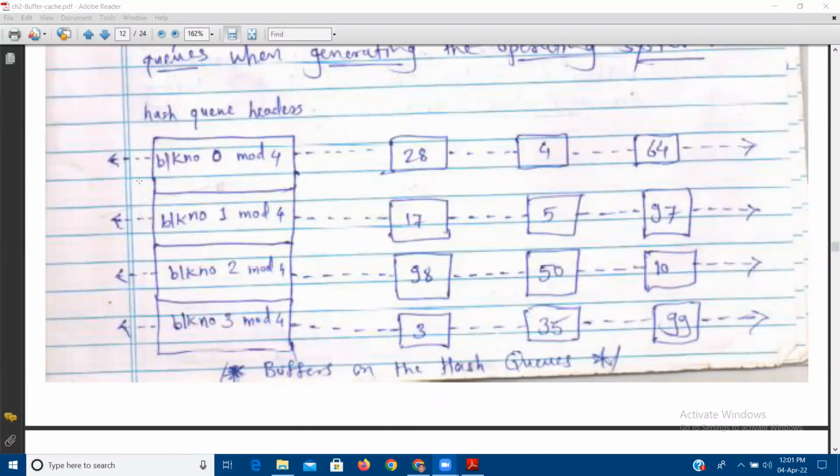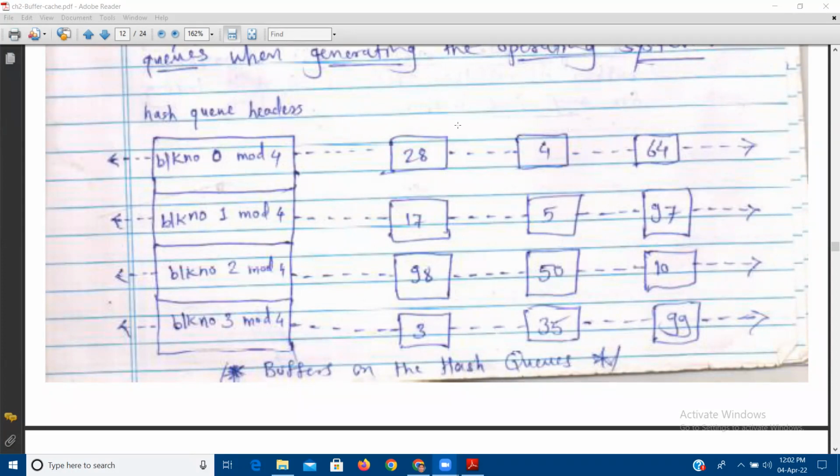या डायग्राम मध्ये जर तुम्ही बघितलात तर बॅकवर्ड पॉइंटर आहे आणि फॉरवर्ड पॉइंटर आहे. हा बॅकवर्ड पॉइंटर म्हणजेच जो आपण हेडर मध्ये बघितला, pointer to previous buffer on hash queue and pointer to next buffer on hash queue. हे जे hash queue आहेत हे सर्क्युलर डब्ली लिंक्ड लिस्ट यूज करून इम्प्लिमेंट केलेले आहेत. त्यामुळे हे सर्क्युलर क्यू आहेत. ओके, so free list is also circular one and this hash queue is also circular one, and both are implemented with the concept of doubly linked list.